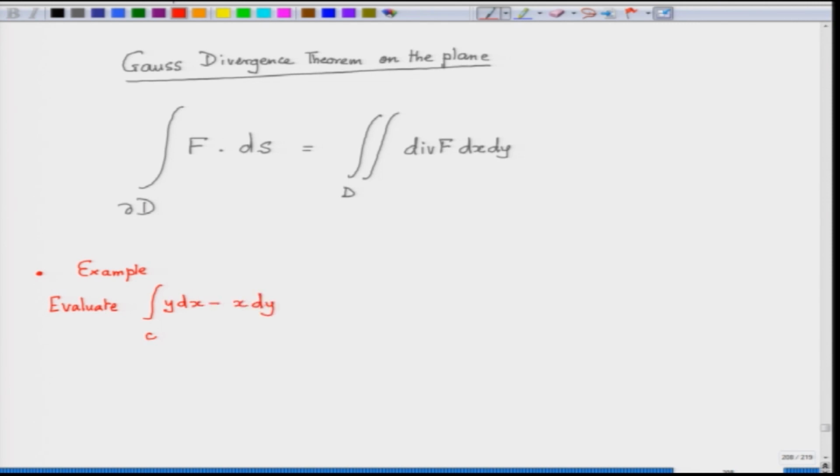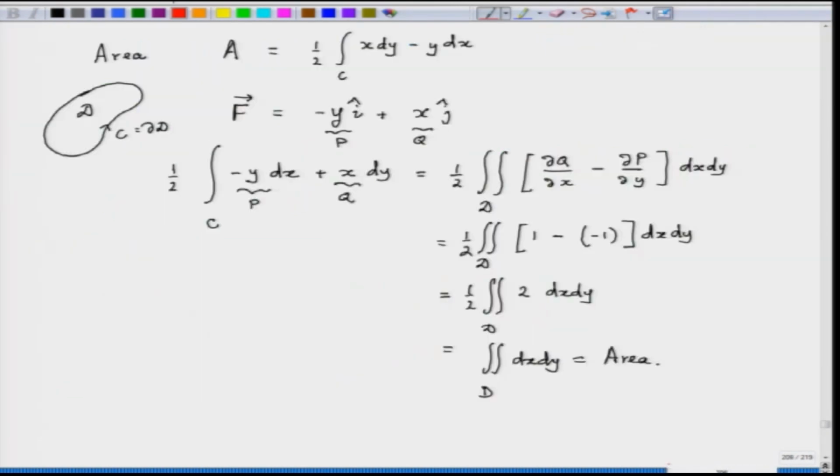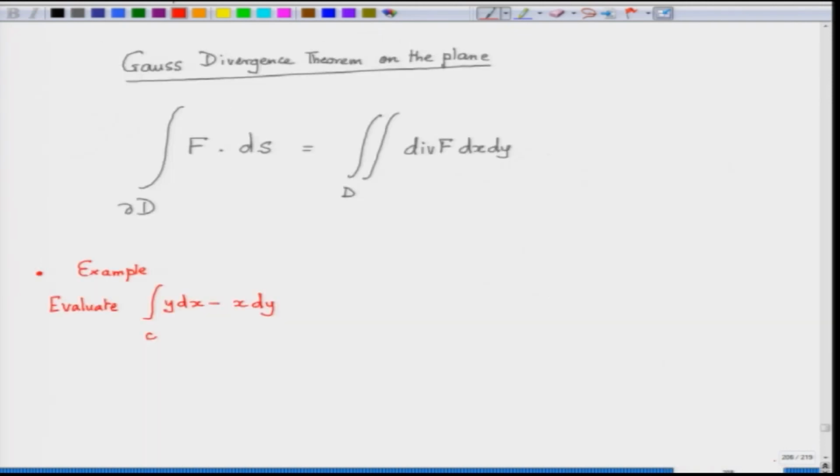Do not immediately jump to the conclusion that this is some kind of area, because look at the area. Area is x dy minus y dx. Here it is y dx minus x dy. It is kind of negative of area, right.